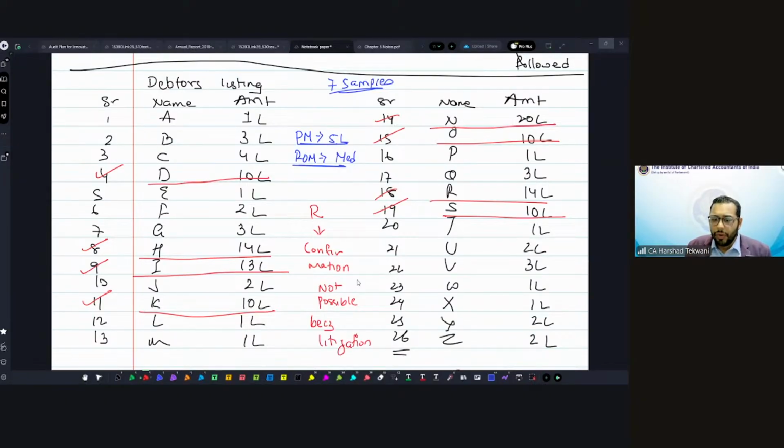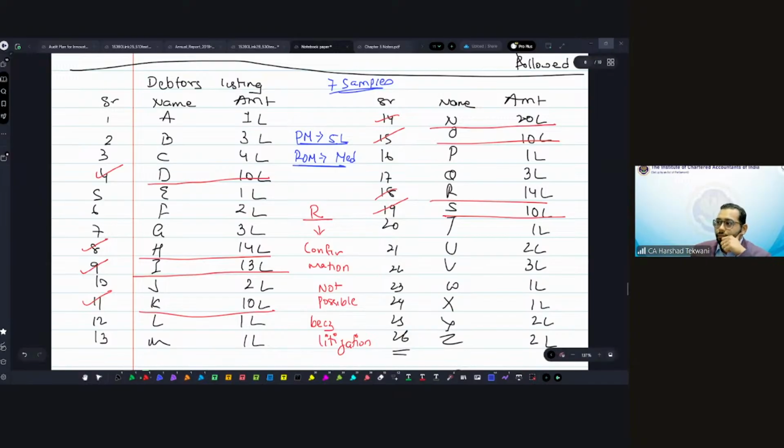So there's a litigation going on. R is saying our balance that we need to pay is nothing. There is some contract going on, on a contract there is a litigation, but we have booked 14 lakh rupees in the name of R. So there is an issue with respect to R and you cannot send the confirmation. How will it impact your sampling? What will you do? Will you call this a misstatement?